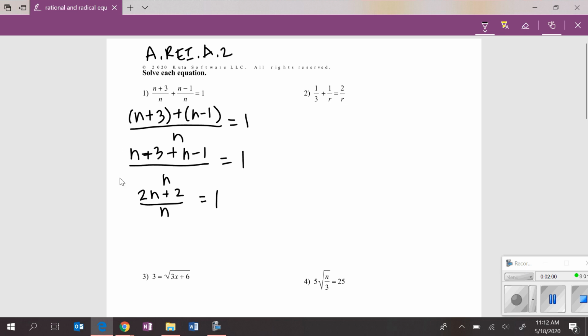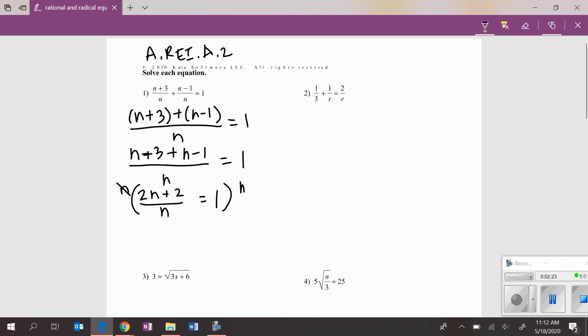Okay. Now in this case, we have 2n plus 2 over n being divided by n. Remember, that's the same thing as division and fractions. So to get rid of this n, to get rid of my fraction, what I can do is multiply the entire equation by n.